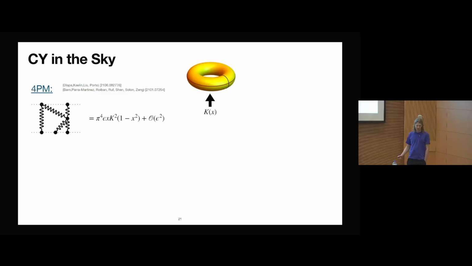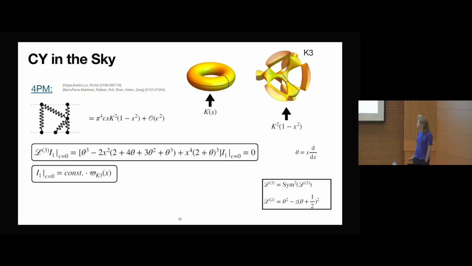So the question is, can we also assign a geometry to a square of an elliptic function? And for this, we can look at the differential equation of this integral. We have a third order differential equation. We looked at it, and indeed we can assign a geometry to this function. And in this case, this is a K3 geometry.